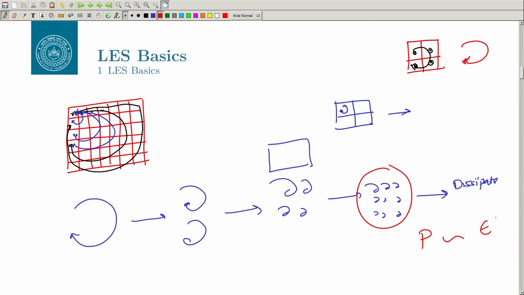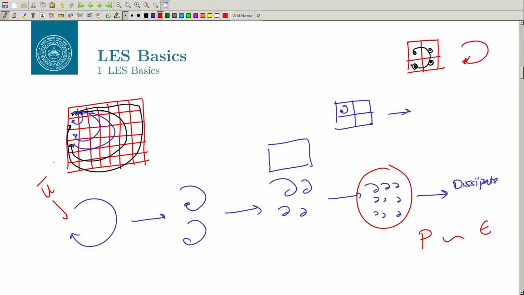So, the production is happening. These larger eddies are getting the energy from the mean flow, which is denoted by u bar. Okay. So, the eddies are getting energy, but they are not able to dissipate. So, what will happen is that the energy will keep on building up if your grid is not sufficiently fine, and the scheme will blow up, right.